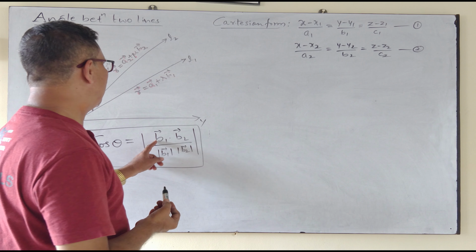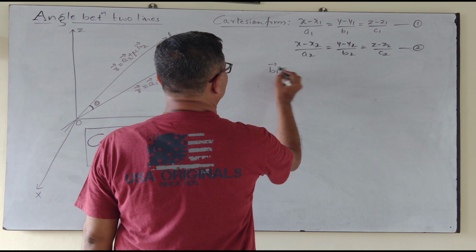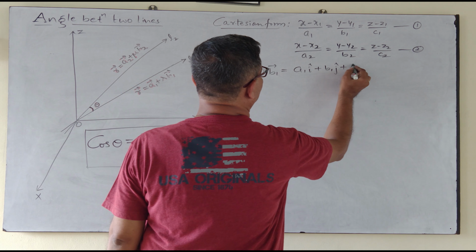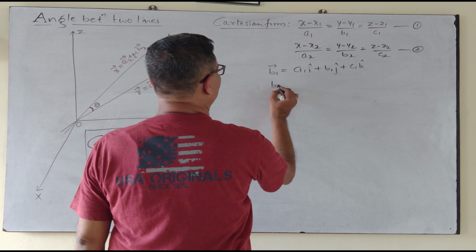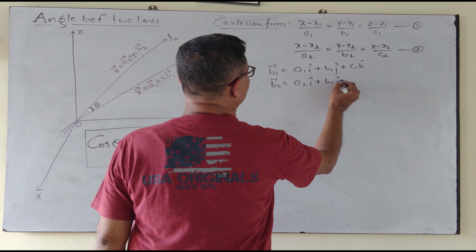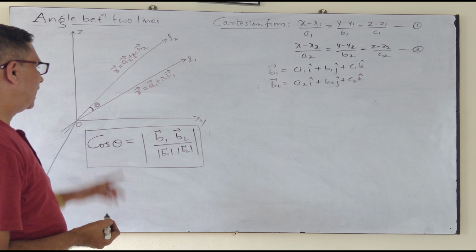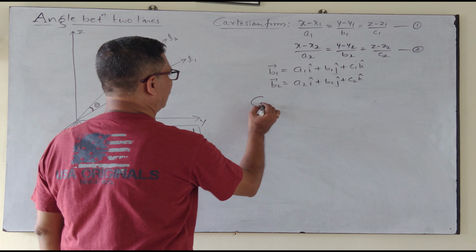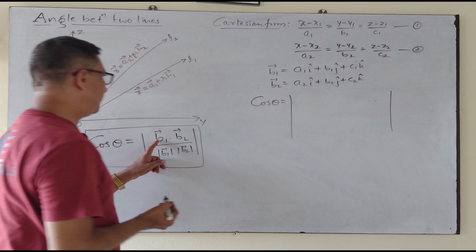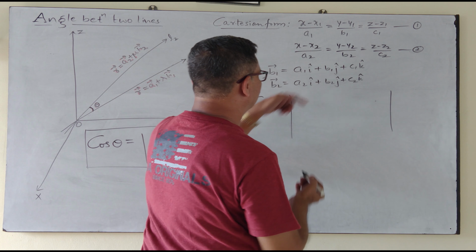Now here b1 and b2 are the vectors. Now here b1 vector is a1 i cap plus b1 j cap plus c1 k cap. What is b2 vector? a2 i cap plus b2 j cap plus c2 k cap. Now let theta be the angle between these two lines. Then cos theta is equal to modulus of b1 dot b2. Definition of dot product, multiplying the corresponding elements.